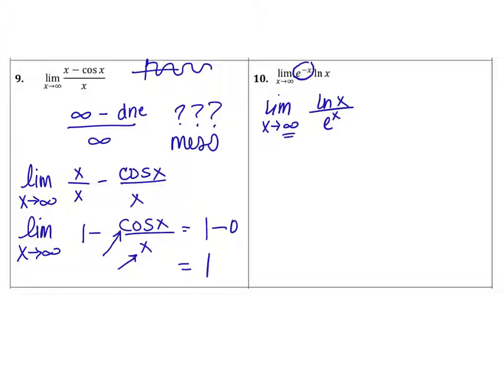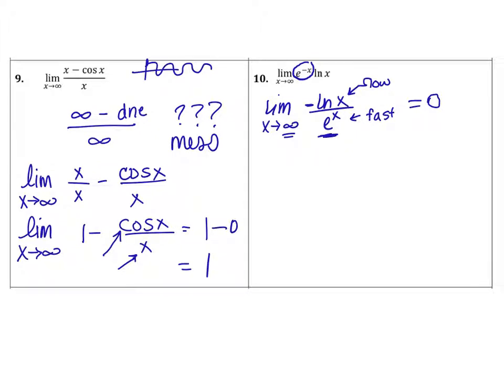And in my mind, I'm thinking this will probably end up being 0 because this grows very slowly and this one is very fast. And so eventually this is going to overpower this one, and that should tend towards 0.